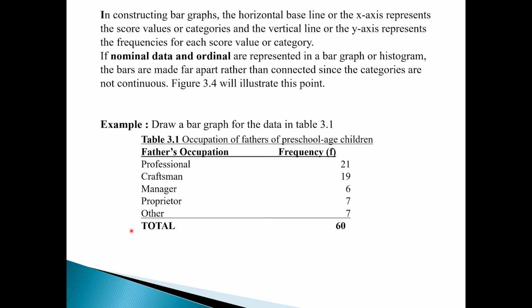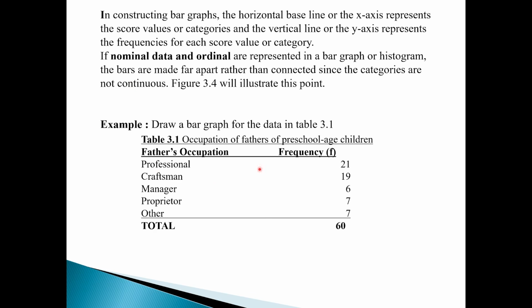So instead of creating a pie chart, let's create a bar graph for our nominal data. Again, your category should be in the horizontal. Your frequency should be in the vertical. So how will you do that? You just label it professional in your horizontal, and your vertical line goes from 0 upwards, it increases, right?